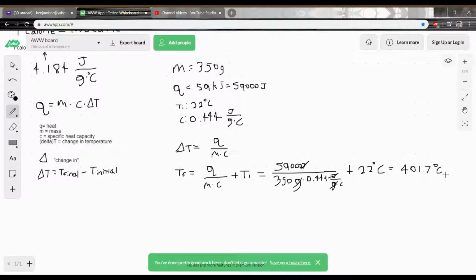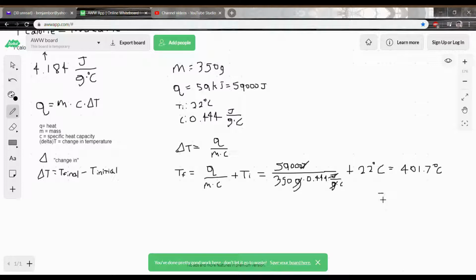However, even if we did round up to 402, we haven't recorded the correct amount of significant figures. The answer that we're interested in is the final temperature. The initial temperature we're given is 22. That is 2 significant figures. And the only way to record 402 degrees Celsius to 2 significant figures is to write it in scientific notation.